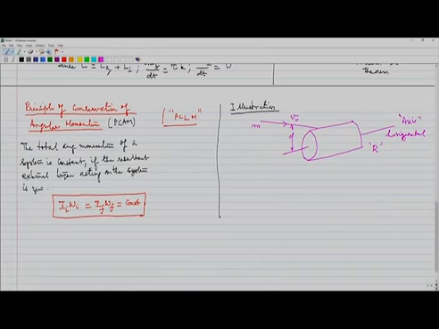So I need to say that this is the line of motion of the bullet. It is perpendicular to the axis of the cylinder, even though in the figure it may not look like that. That's why I am writing this.